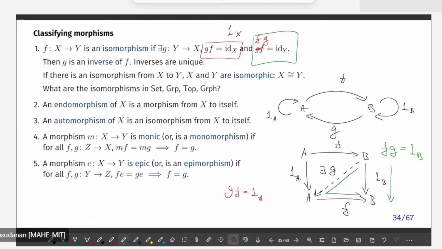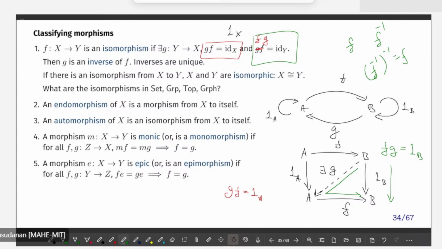Here it follows, because again, usual thing, you can compose it in two different ways and then associativity will give you that. That also can be proved using the commutative diagram itself, the uniqueness of G. Anyway, you can prove that G is unique corresponding to F. So every F, if it is an isomorphism, has a unique inverse F inverse such that the inverse of F inverse is F. So all the usual things follow.